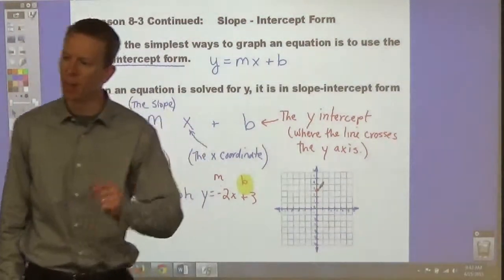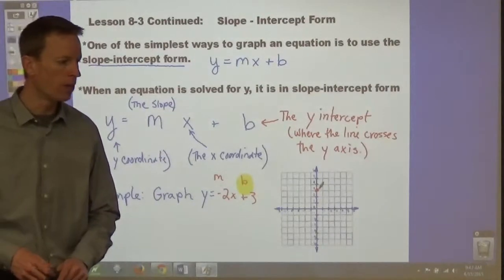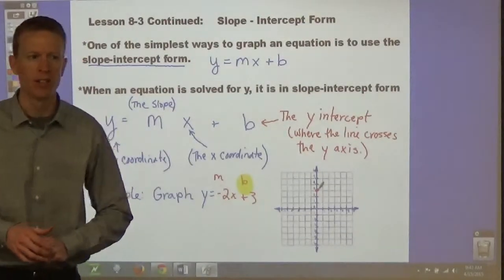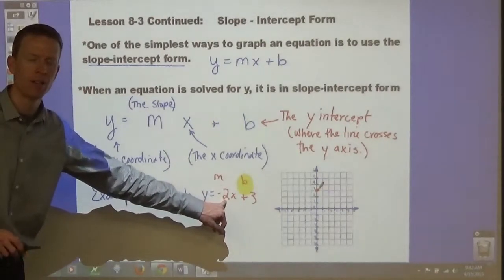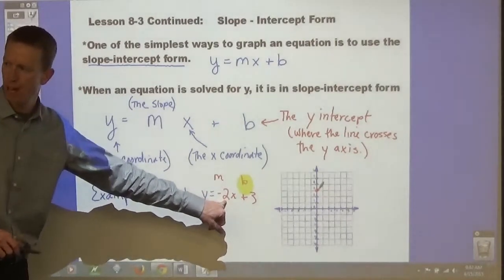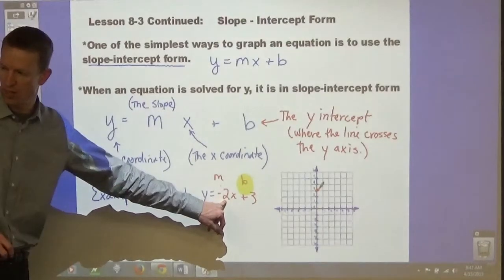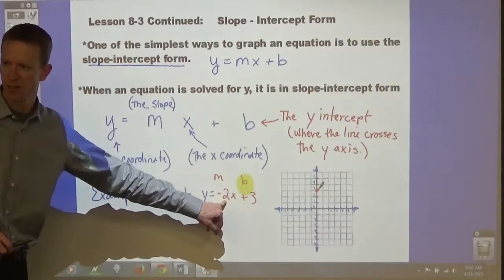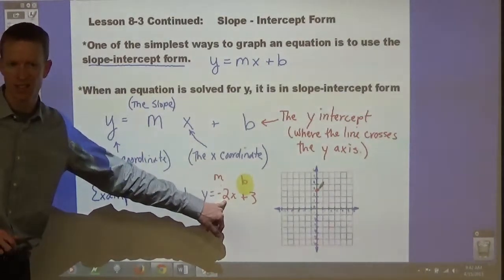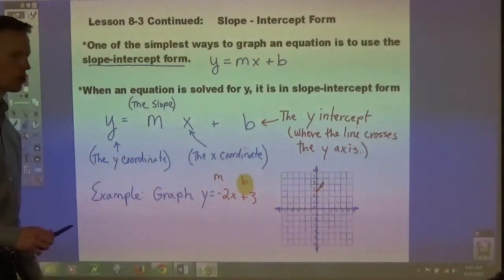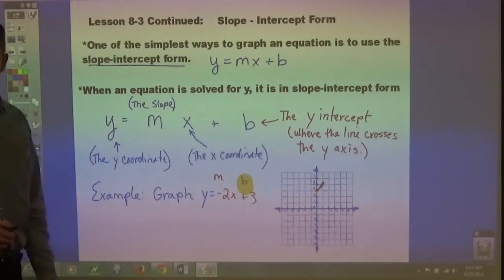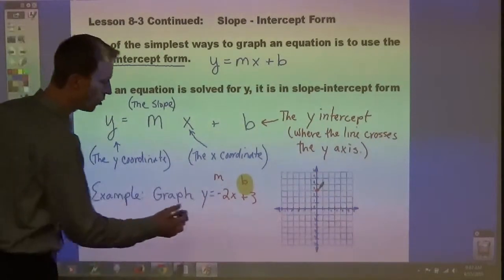Put a little m over the slope. What is the slope in this equation? Michael? -2. Put a little m, because that identifies the slope in this equation. Go ahead and do that. Okay? Now, let's graph the slope. Now it says just -2.